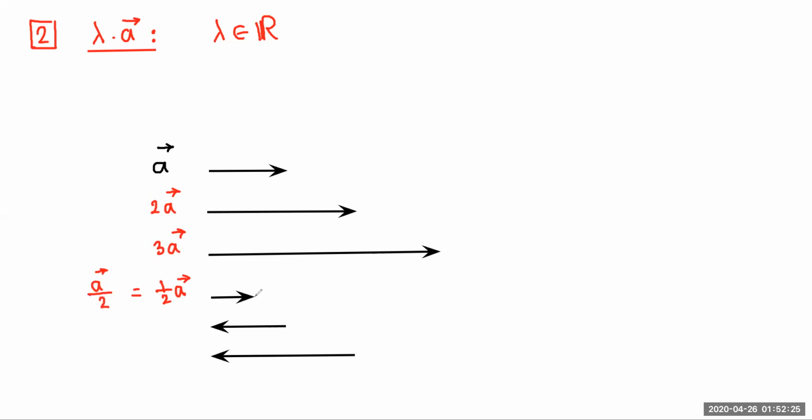This vector is parallel to A, and its length is half the length of A. Here you have the vector minus A, here minus 2A, etc.